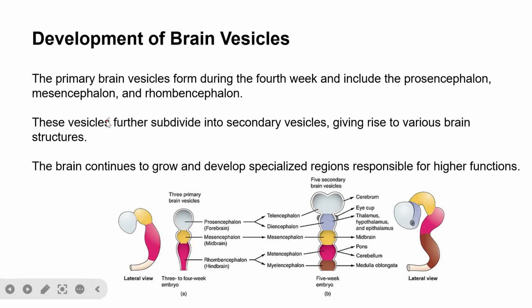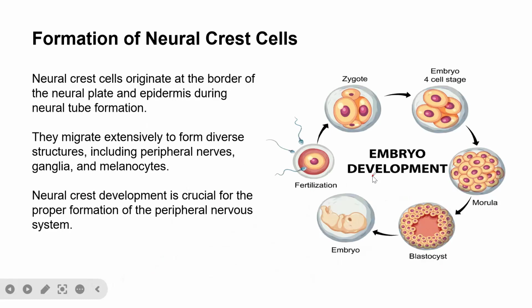So you see, it started from three primary vesicles and then to five secondary vesicles, and then from the five secondary vesicles, it will further differentiate into the following brain organs. And then the brain continues to grow and develop specialized regions responsible for higher functions.